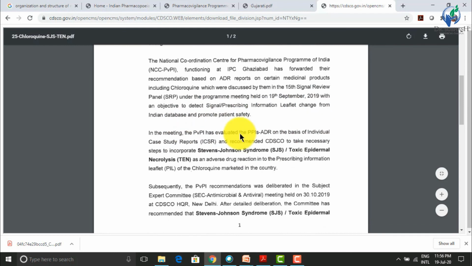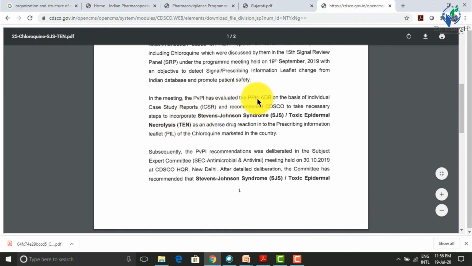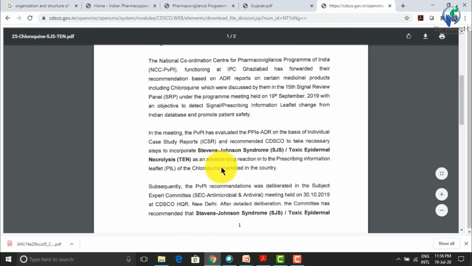तो यहाँ पे कब ये मीटिंग हुई वहां पे इसके बारे में लिखा है. Then in the meeting the PvPI has evaluated on the basis of individual case study report, that means ICSR, and recommended CDSCO to take necessary steps to incorporate Stevens-Johnson syndrome (SJS) and toxic epidermal necrolysis, that means TEN, as an adverse drug reaction into the prescribing information leaflet of the chloroquine marketed in the country. मतलब यहाँ पे now the company who are marketing the chloroquine, they have to include this adverse drug reaction.